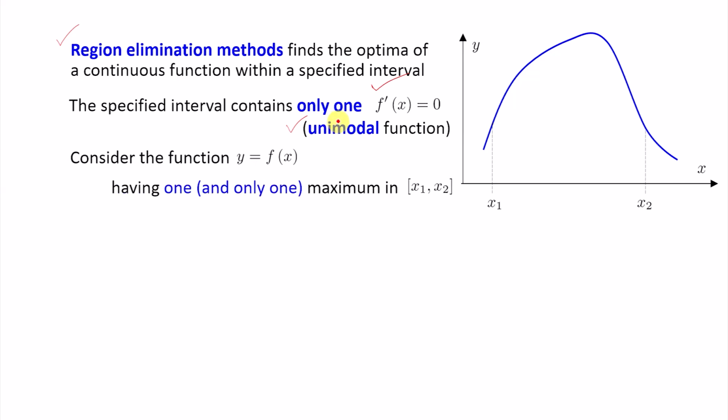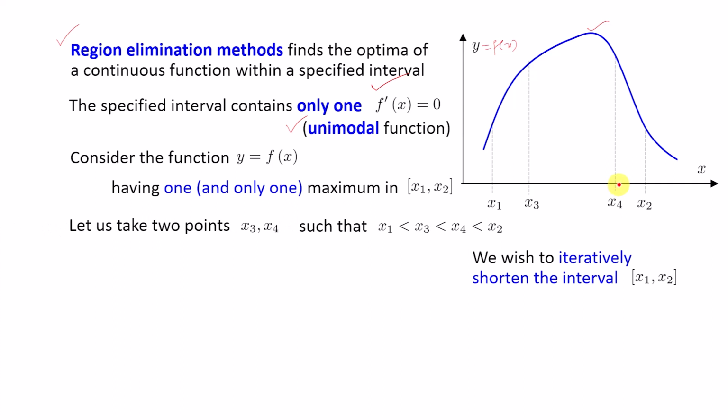So let us take up a function y equals f(x) here, and you can see in this figure that it has one and only one maximum around this point. The function we are interested in has the bounds x1, x2. Now our goal is to iteratively reduce this x2 minus x1, or bring x1 and x2 close to each other iteratively.